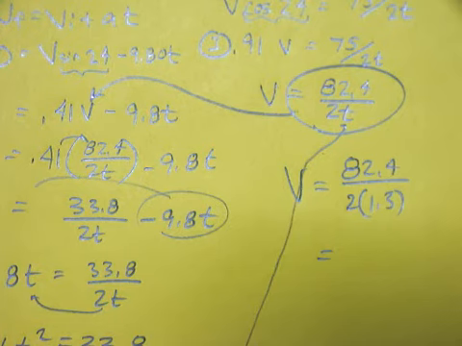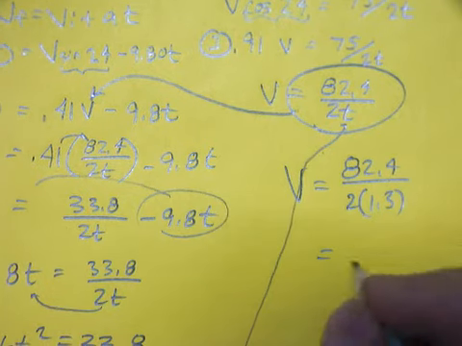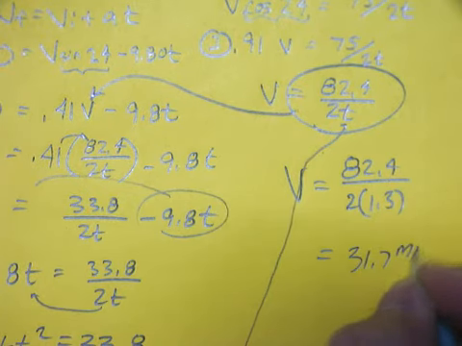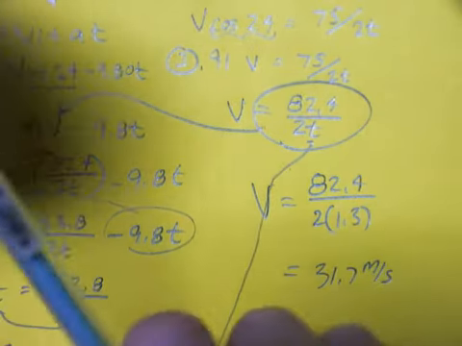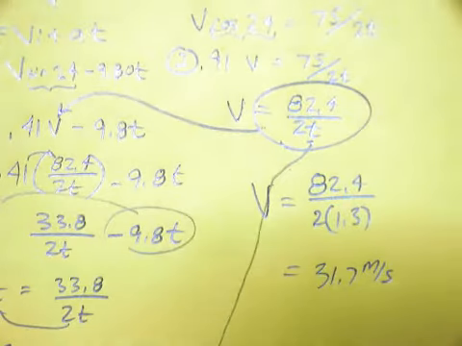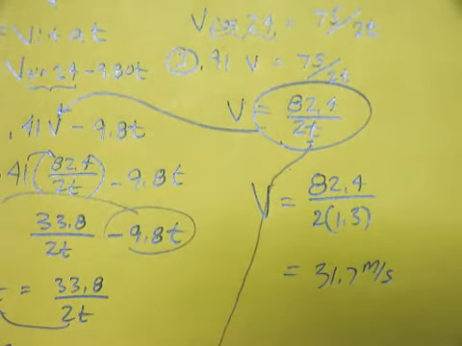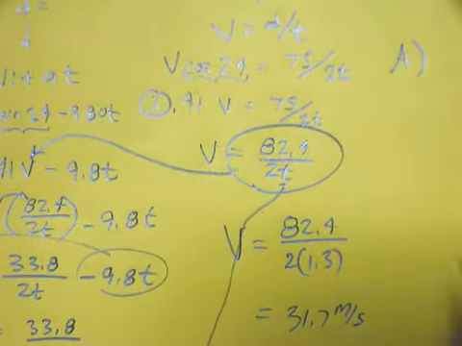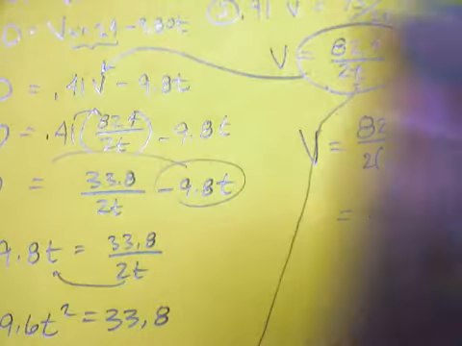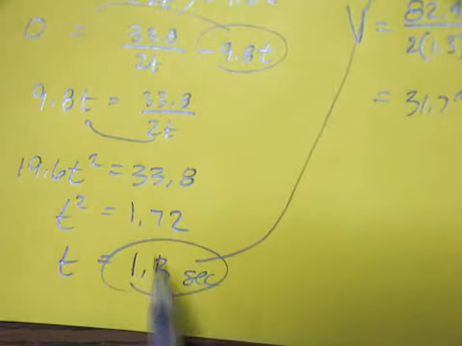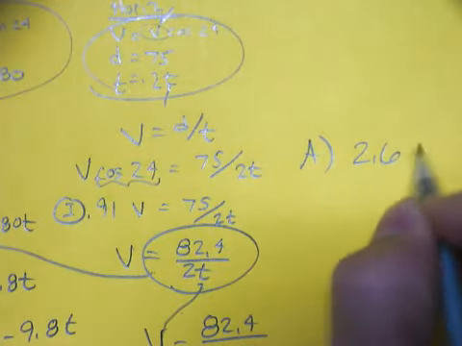That's 31.7. So I can start answering a lot of questions now. Part A, how long is it in the air for? It's in the air for 2t, or 2 times 1.3. So it's in the air for 2.6 seconds.